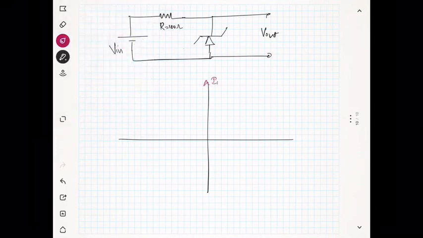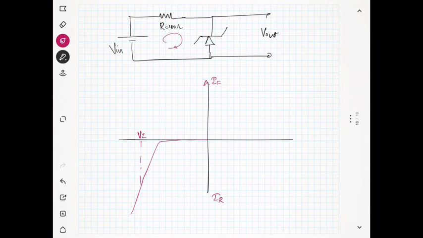This is the forward current and this is the reverse current, and this is the characteristics, and this is Vz. Now the voltage across the Zener diode at the Q point, the optimum point, is 5.1 volt, and this current is given as Iz.